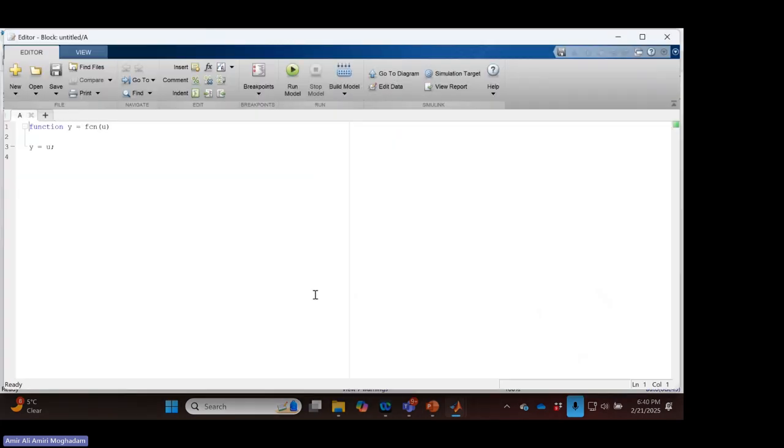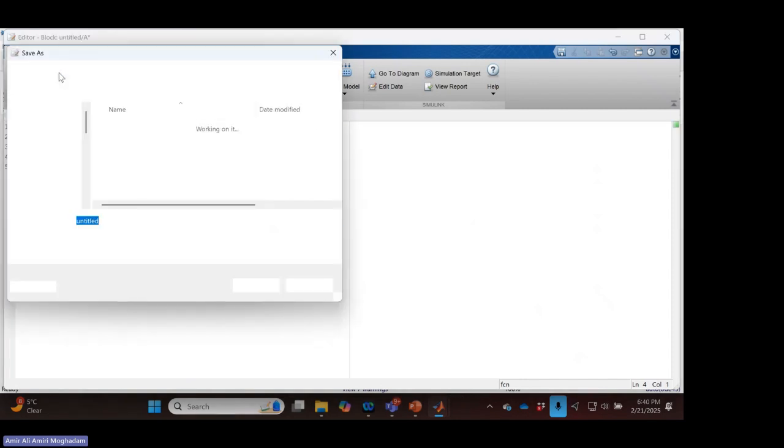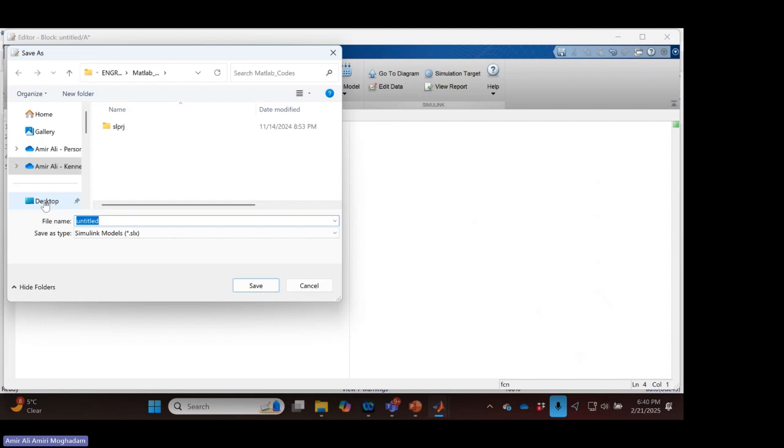So A equals 0, 1, minus 5, minus 0.1. Then output is A times U. Okay, so this is the output. And let us save this actually.